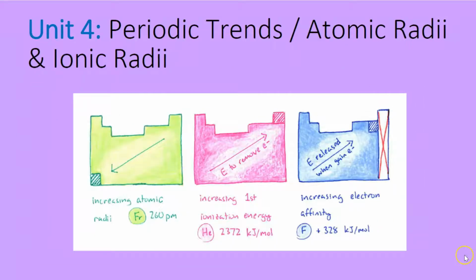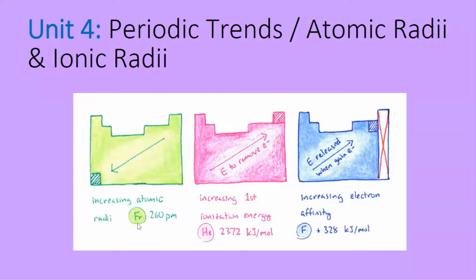So my cover slide shows 3 trends, and here's the atomic radii going to the southwest, the bottom left. That is the biggest atom within the main group of atoms. We're not talking about the actinides and the lanthanides, the 2 rows underneath the periodic table.